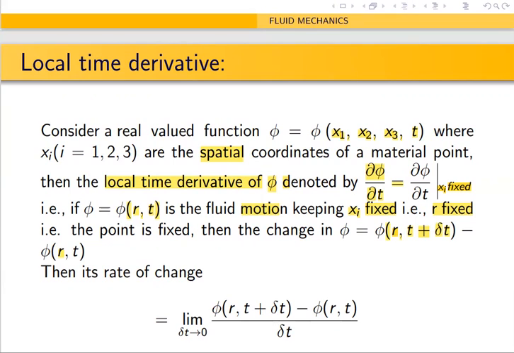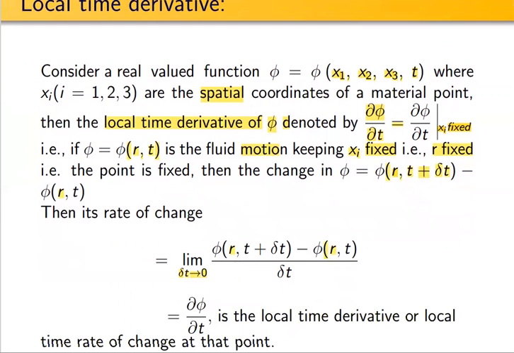Then its rate of change is the limit as Δt goes to 0 of [φ(r, t+Δt) minus φ(r, t)] divided by Δt. And this is nothing but the partial differentiation with respect to t, so ∂φ/∂t. This is the local time derivative, or local time rate of change at that point.